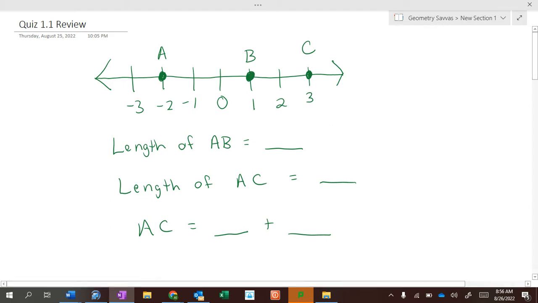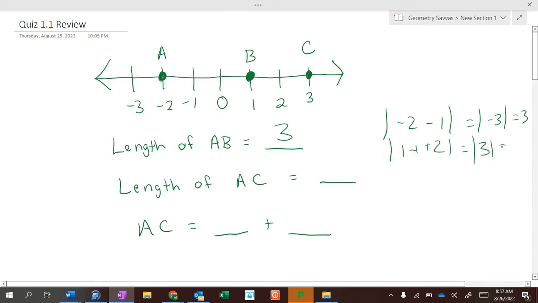Well, we could count 1, 2, 3. Or we could subtract, take the absolute value of -2 minus 1, which is the absolute value of -3, which is 3. Or you could take the absolute value of 1 minus -2, which is the absolute value of 3, which is 3. Either way, okay?